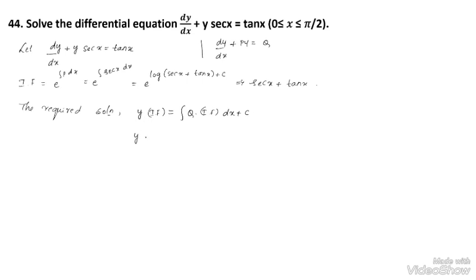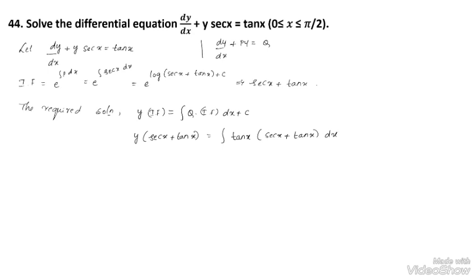Here y into the integrating factor, that is sec x plus tan x, is equal to integration of q, and here q is tan x, into sec x plus tan x into dx.